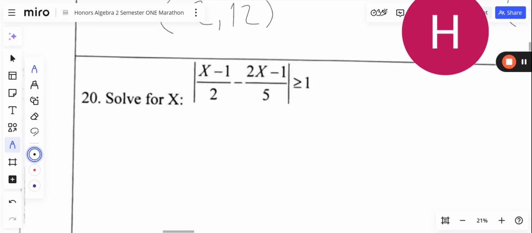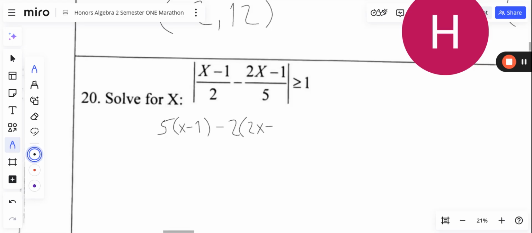Solving for x. Now this looks funky because we have fractions being worked with inside of the absolute value, but let's just simplify the stuff in there first. Let's get a common denominator here, shall we? So we multiply the first fraction by 5 over 5, and we'll multiply the second fraction by 2 over 2.